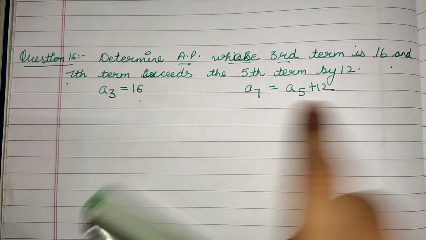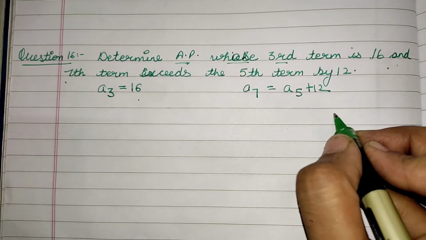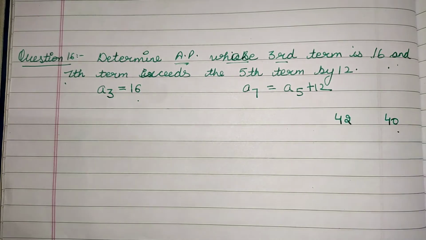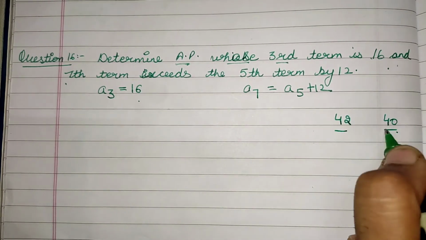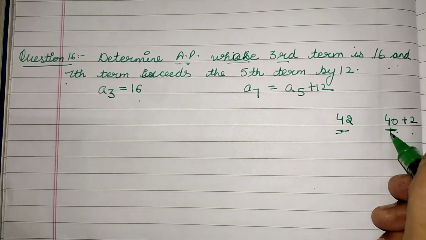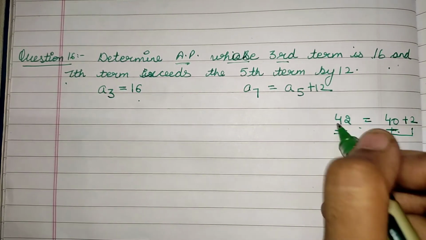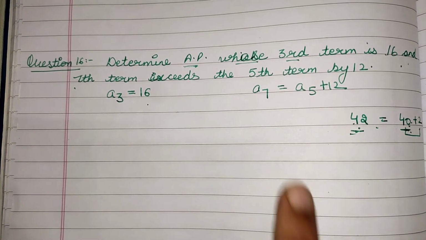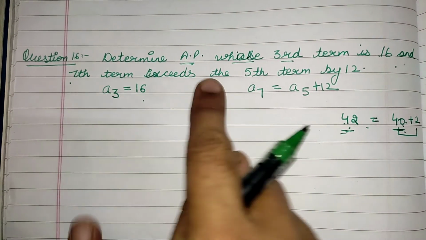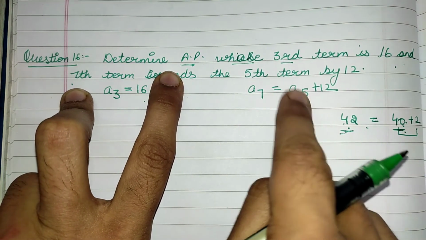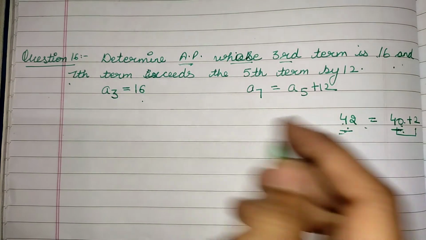Suppose I say that 42 is bigger than 40 by 2. To make both terms equal, you add 2 to the smaller term. That's the same thing I have done: the 7th term is exceeding, so I add to the smaller term, which is the 5th term.